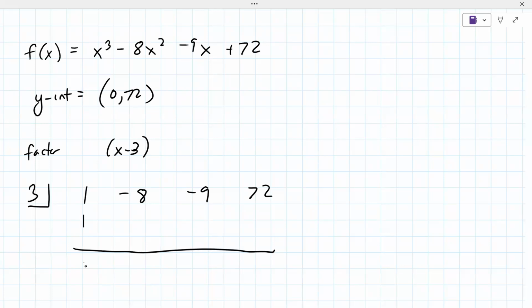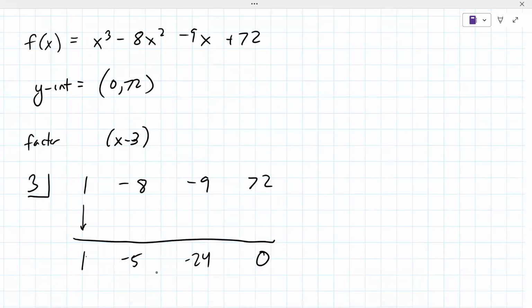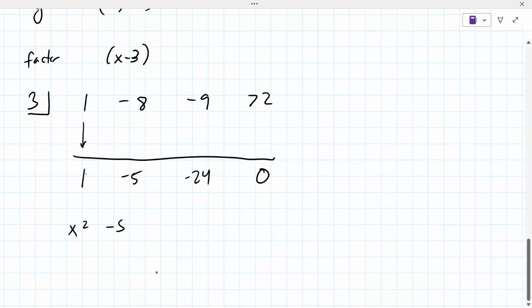Would the first one be 1? Okay, the next one down here. -5, okay, -24, and what's the last one? 0. Very good. Okay, so this becomes x squared minus 5x minus 24, and you have to be able to factor this. So you have to find two numbers that multiply to -24, but add to -5.